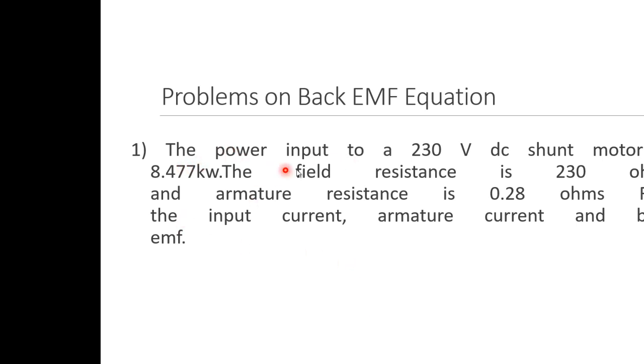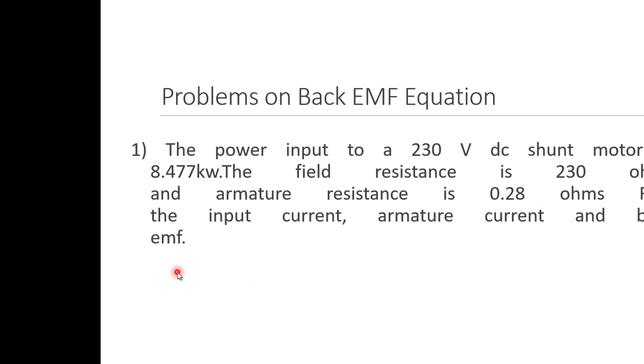So here, the power input to a 230 volts DC shunt motor is 8.477 kilowatts, and the field resistance is 230 ohms, and the armature resistance is 0.28 ohms. Find the input current, armature current and back EMF.